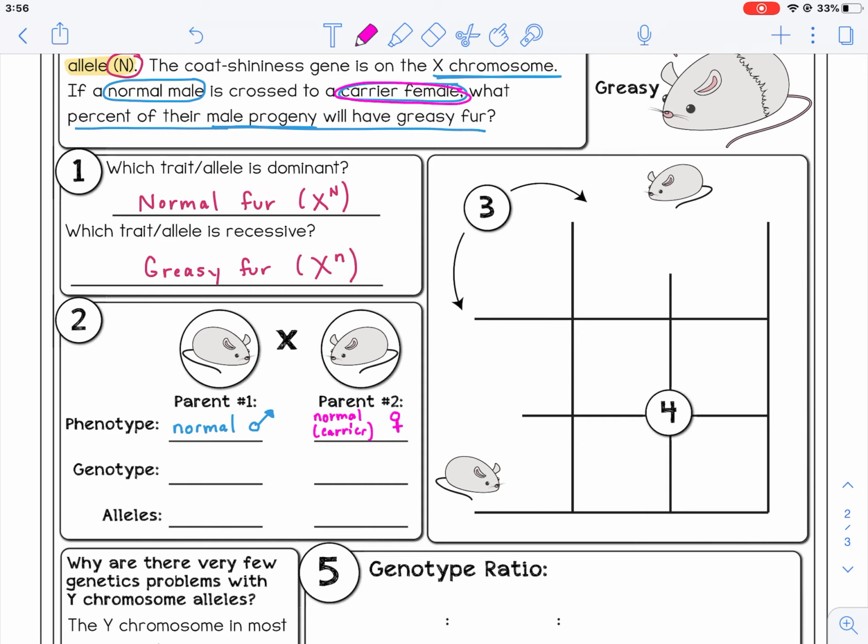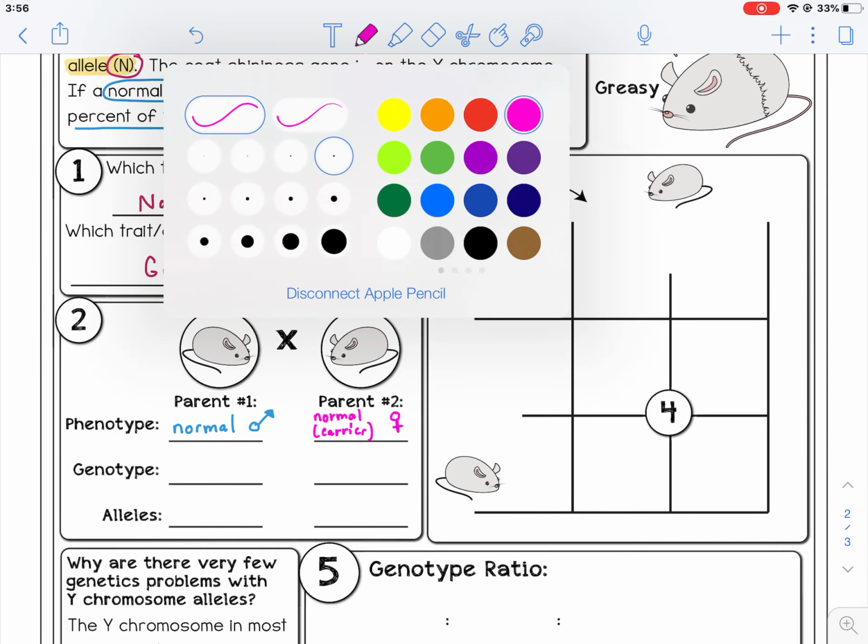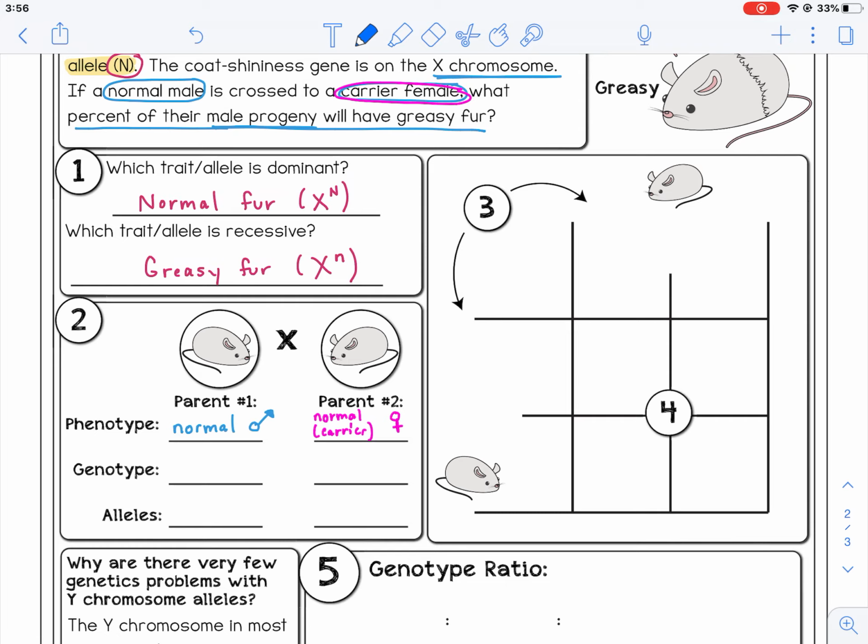So what does that look like in regards to the genotype? Well, let's think back. Okay, a male has an X chromosome and a Y chromosome. There's no allele for this trait at all on the Y chromosome. He is normal, which means he has to have a big N on his only X chromosome.